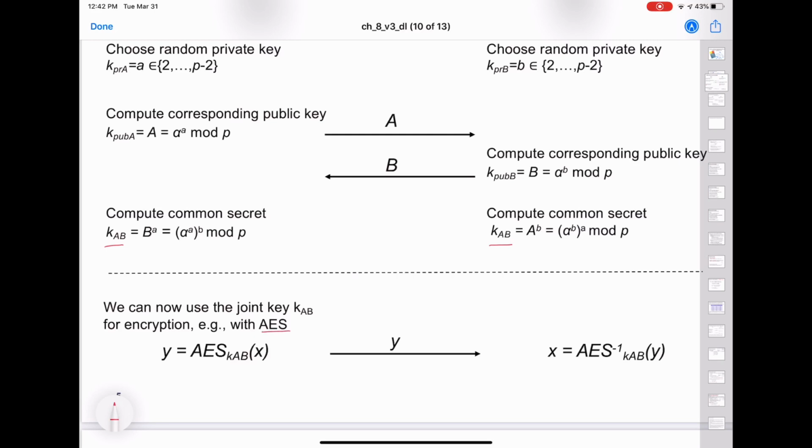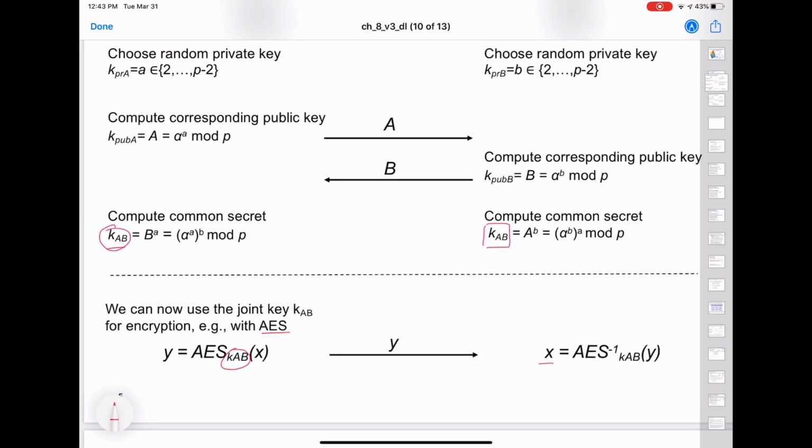You remember, this is a hybrid system. You can make key exchange using public key cryptography, and using private key cryptography you can make encryption. So now you are using the shared key to encrypt your message and send the ciphertext, and Bob has exactly the same key as Alice. He uses the AES inverse and gets the message. So this is a hybrid system.